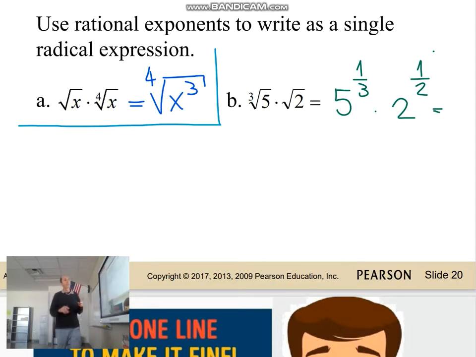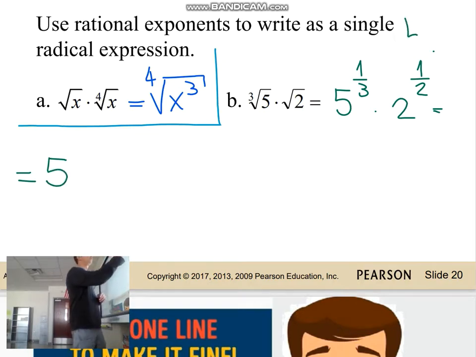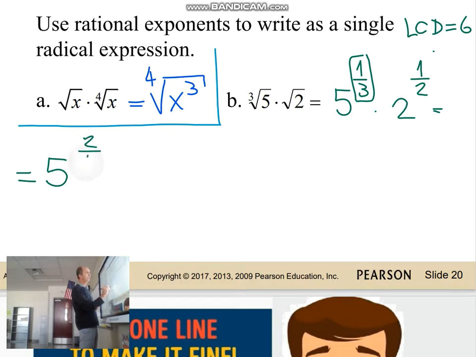Find the least common denominator of the denominators 3 and 2, which is going to be 6. The equivalent of 1 over 3 is 2 over 6, and the equivalent of 1 over 2 is 3 over 6.